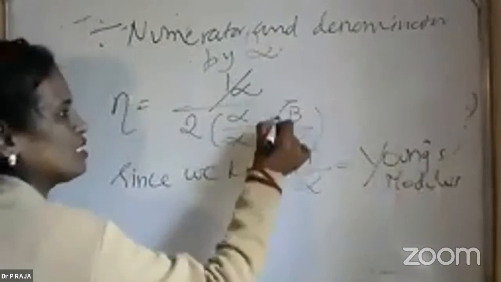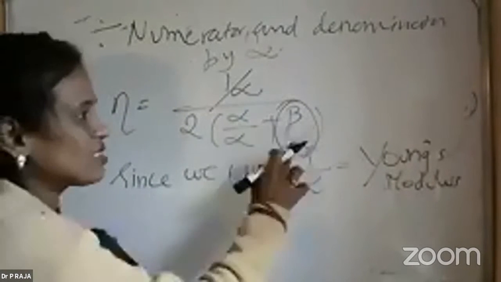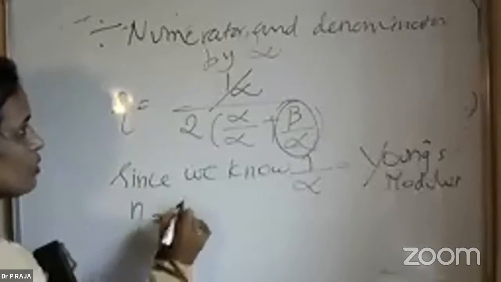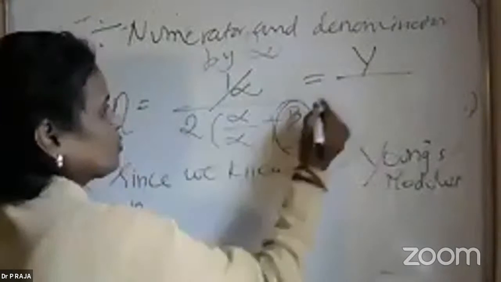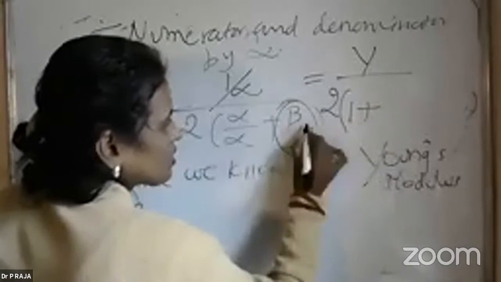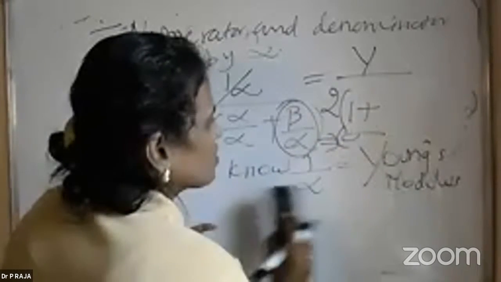And this beta by alpha is nothing but, do you remember that it is the Poisson's ratio? So eta will become, this value will become now Y, and this 2 will remain the same. This will become 1 plus this factor, which is nothing but sigma, the Poisson's ratio.